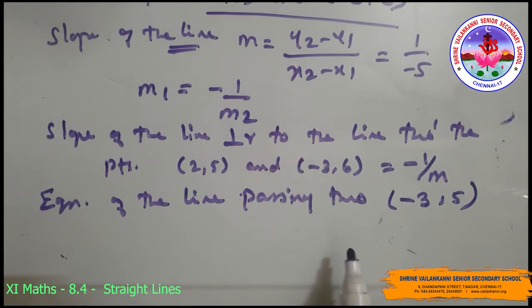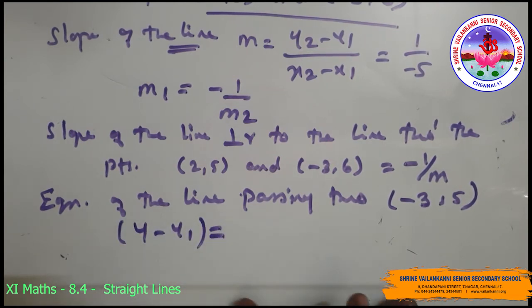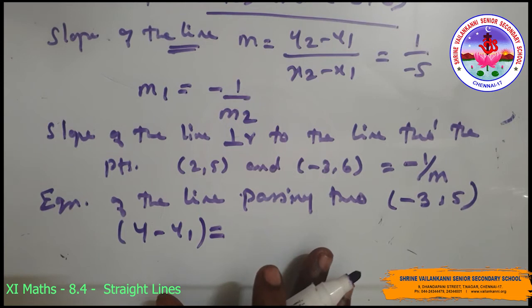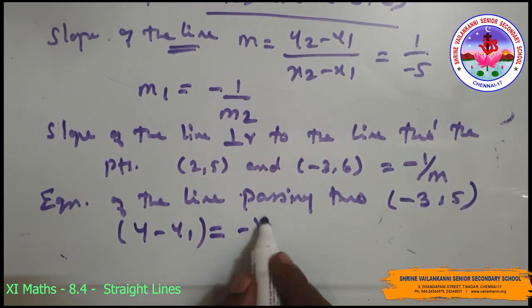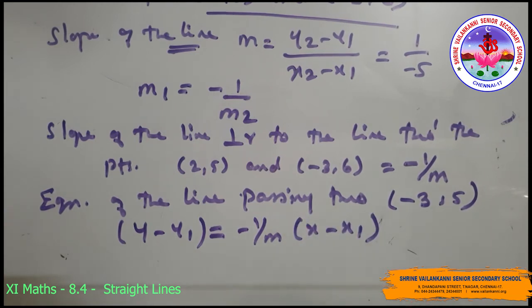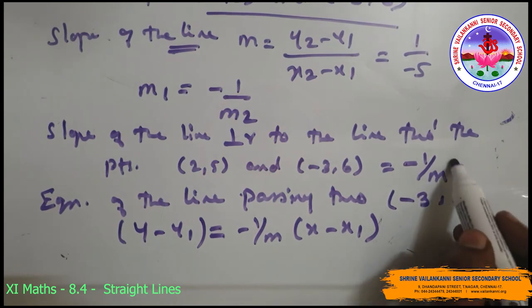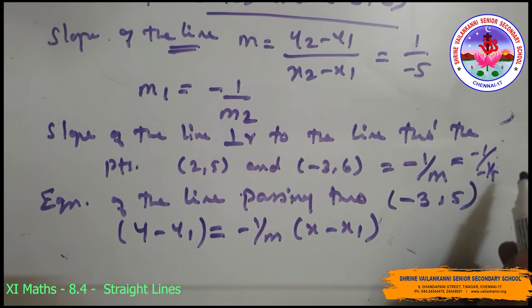The equation of the line passing through a point with a slope is y minus y1 equal to m into (x minus x1). Here the lines are perpendicular, so minus 1 by m into (x minus x1). The point is (minus 3, 5). So minus 1 by m is minus 1 by minus 1 by 5, which is 5.